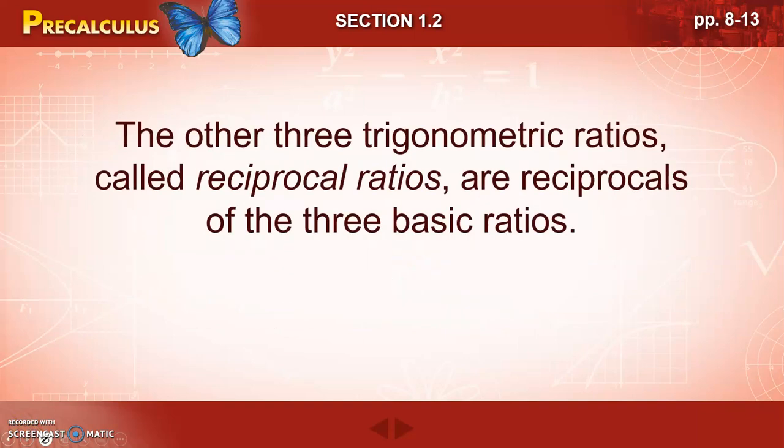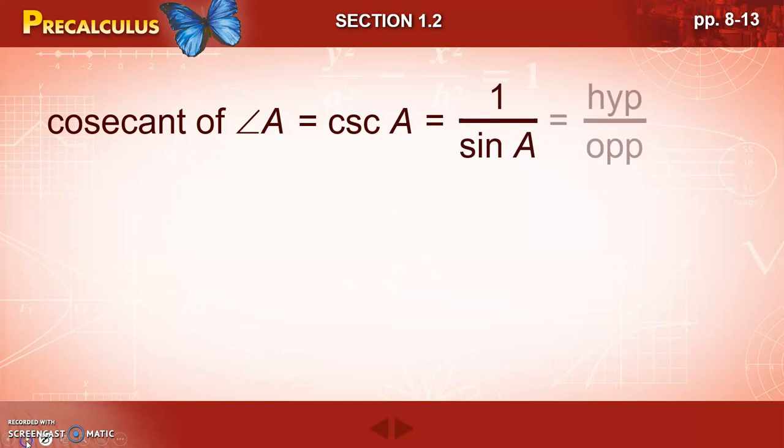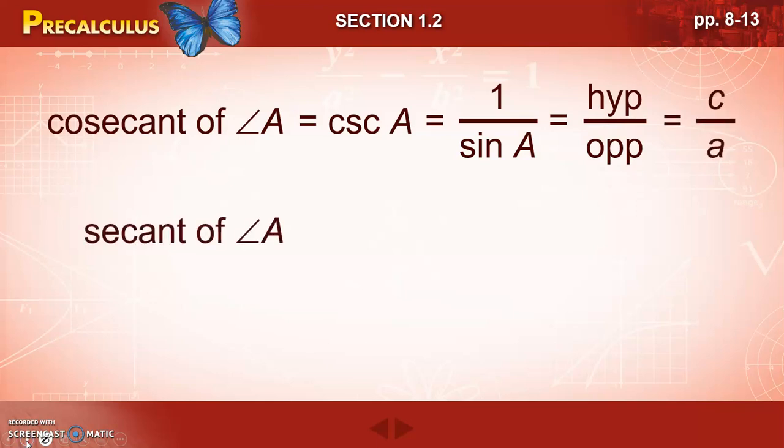The other three trig ratios, called reciprocal ratios, are reciprocals, hopefully you remember what that means, of the three basic ratios. The cosecant of A, written CSC A, is just 1 over sine. So it's the reciprocal of sine. Where sine was opposite over hypotenuse, cosecant is, flip that over, hypotenuse over opposite. The secant of A, written SEC A, is 1 over cosine.